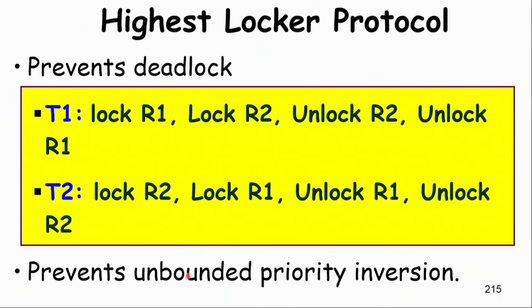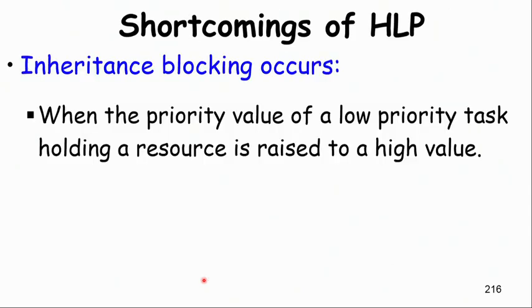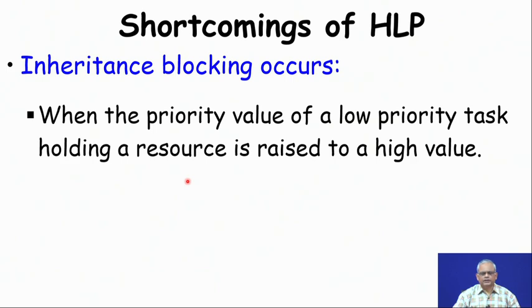And also it prevents unbounded priority inversion, because the task's priority as soon as it acquires the resource is increased to a high value, which is the ceiling of the resource. But as we have already discussed, the major shortcoming of the highest locker protocol is the inheritance blocking.